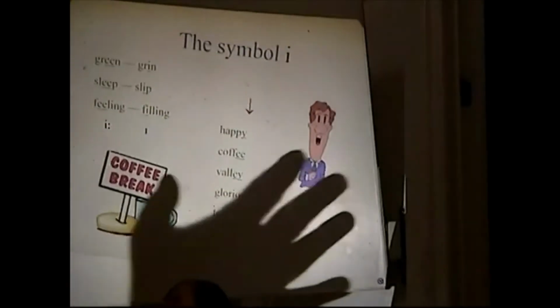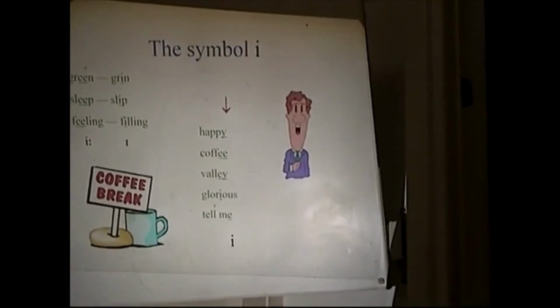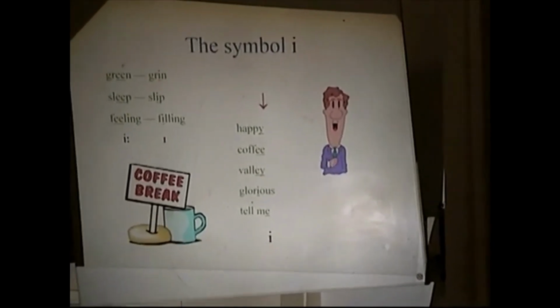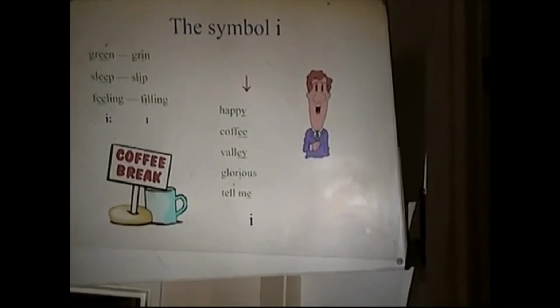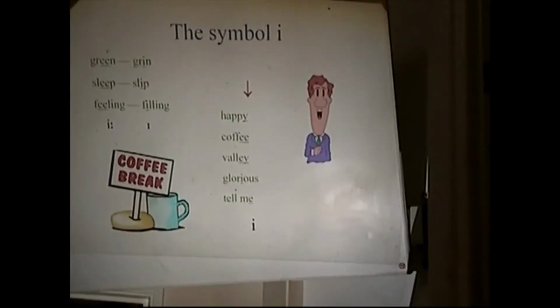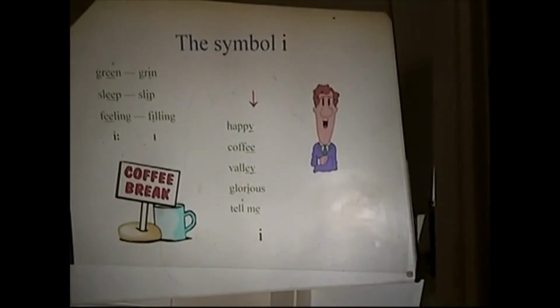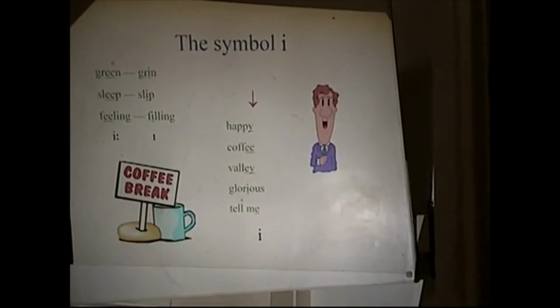But what about words like happy? At the end of a word like happy, that's a weak syllable. Doesn't have stress, couldn't have stress. And in that position, it doesn't matter. We don't need to make the difference between E and I.